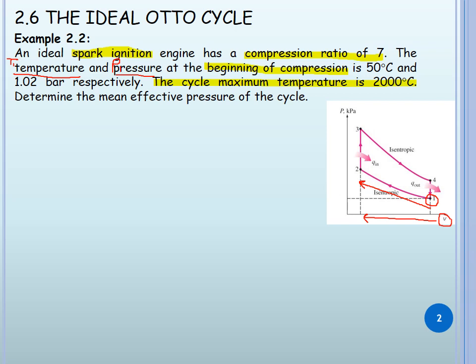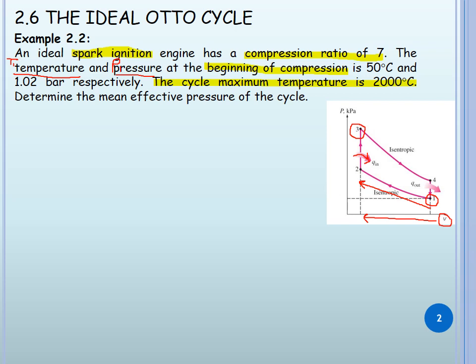Again, if we recall the PV diagram, normally we are not given a PV diagram, so you have to remember it yourself.